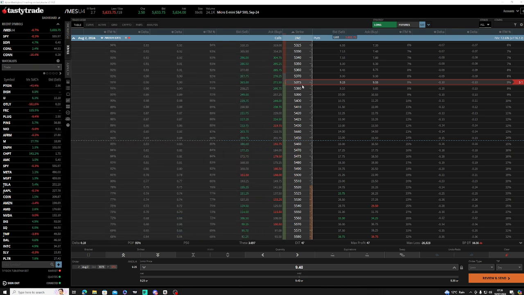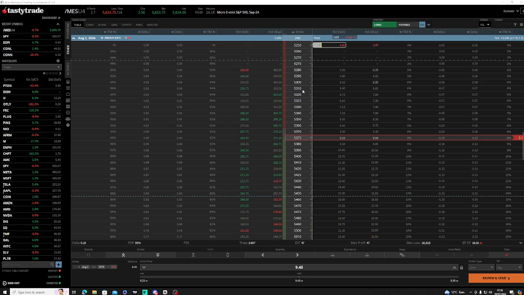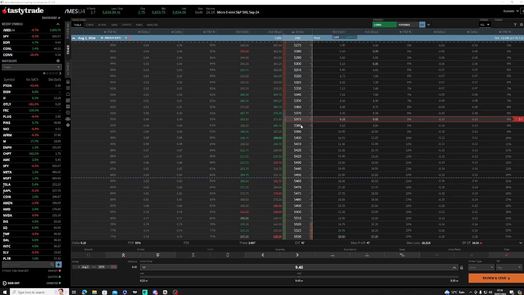How will I take assignment of this? Look at the size of the contract. No. This isn't like shares, so this wouldn't require 537,000 to take assignment of 100 shares, because the way it works is you take assignment of one futures contract, and on this, one futures contract has the value of $5 per point.